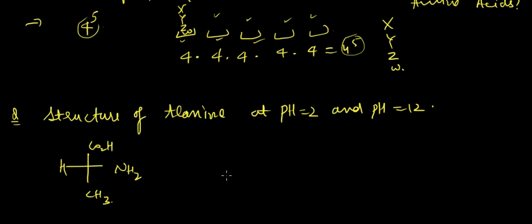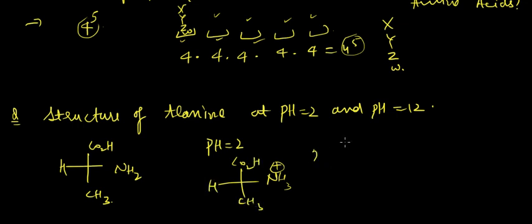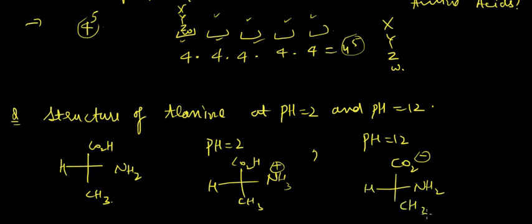This is in normal conditions, this is neutral. When pH is 2, NH3 plus would be formed, CO2H would be here, and H and CH3 would be here. When pH is 12, CO2 minus will form, NH2 would remain intact, and H and CH3 would remain as they are.